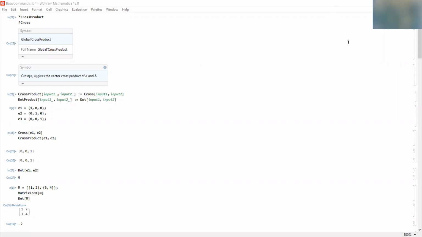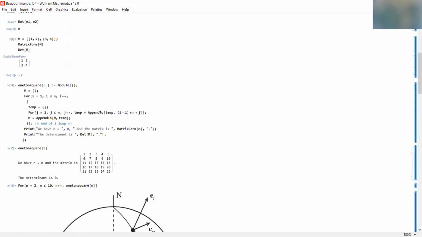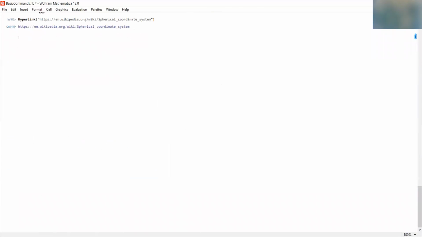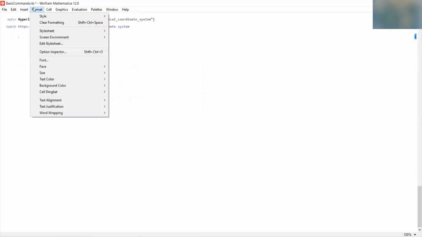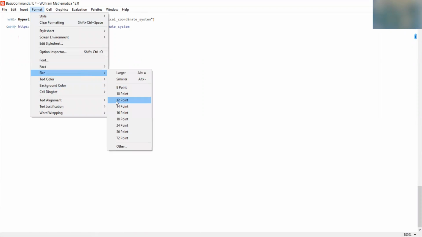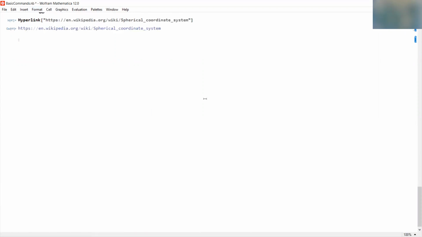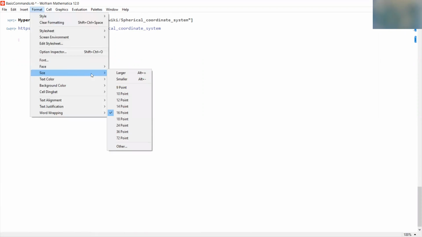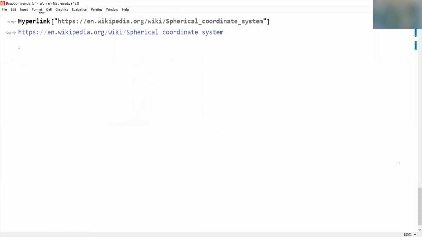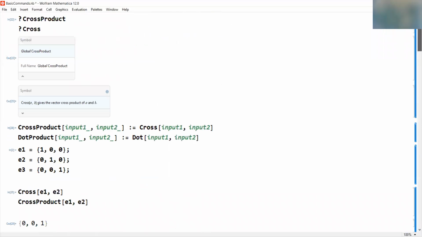Should be larger. Okay. All right, so let's see. All right, how's that for size?